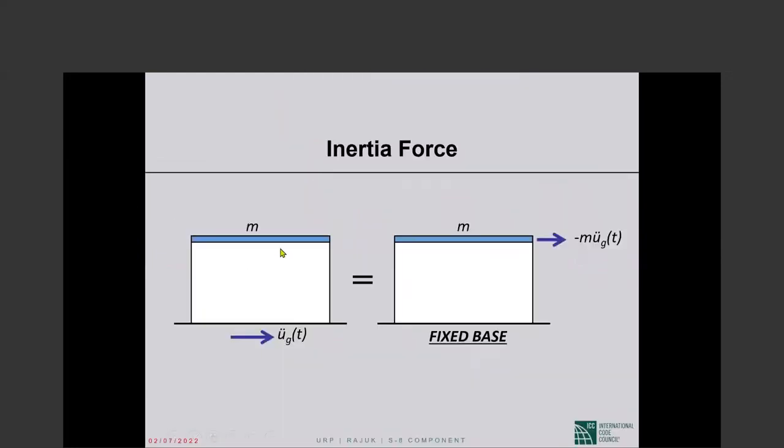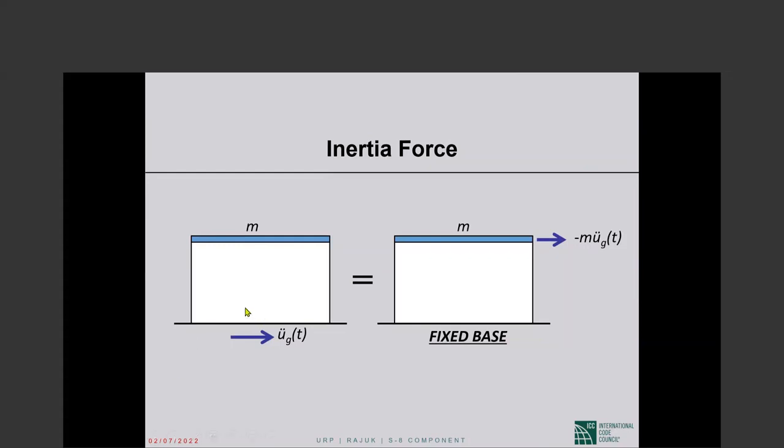So a structure subject to a ground acceleration in an earthquake, U sub G double dot. U sub G is displacement of the ground. Single dot is first derivative with respect to time, which would be velocity. The double dot is second derivative with respect to time, which would be acceleration.